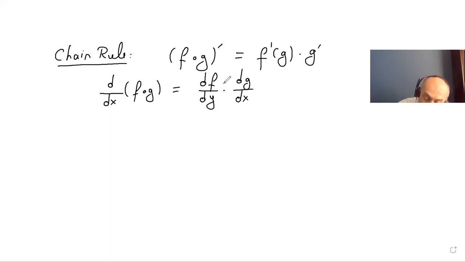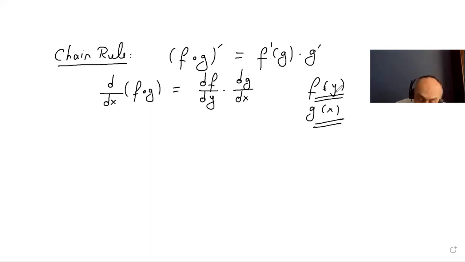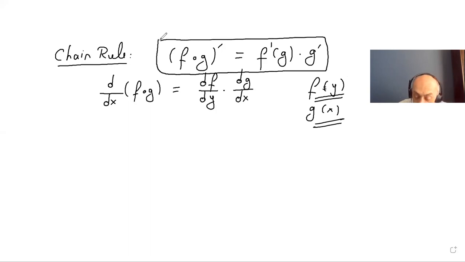It's a little unclear because of the variables: f would be f of y, and g would be a function of x. So why do they use these things? It gets a little bit confusing if you look in the book. I think there is a clearer expression. Over here they also say of g, so it's a bit unusual.